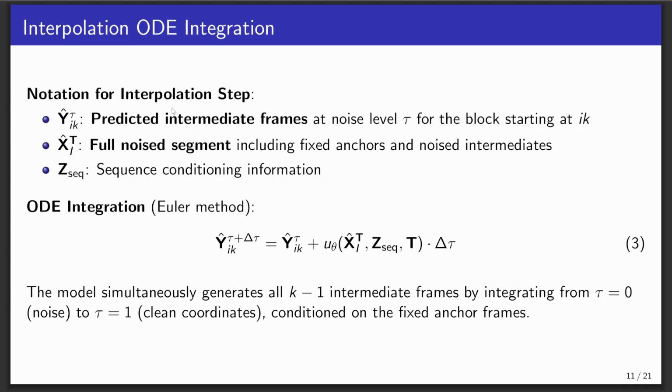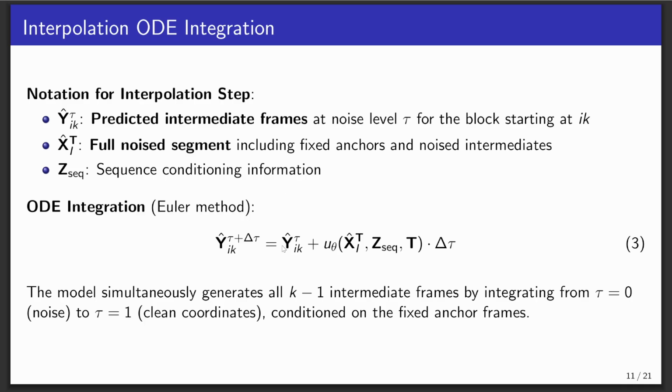For the interpolation, we have x tau, y tau, which is the predicted intermediate frames at noise level tau for the block, and xt is the full noisy segment. Here, t is a set of noise labels, noise intensities, or flow matching times. This includes the fixed anchors and noisy intermediates, and this is the sequence conditioning information.